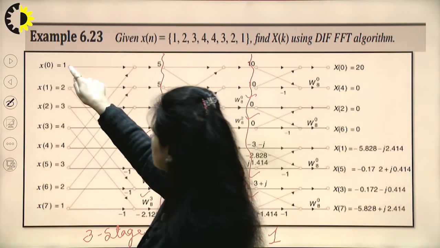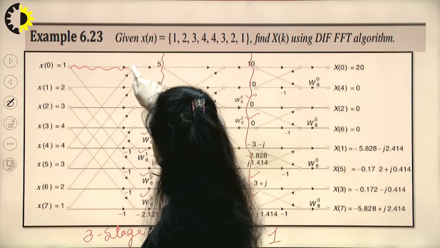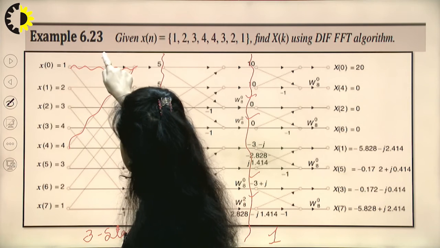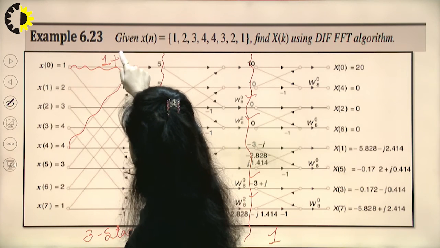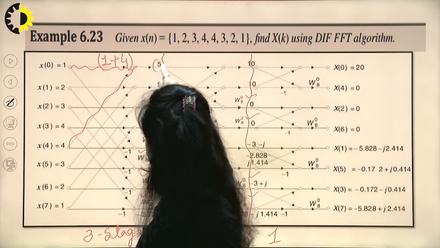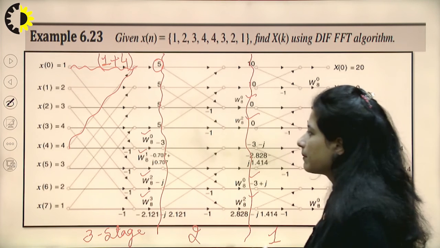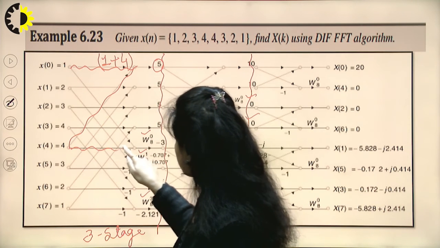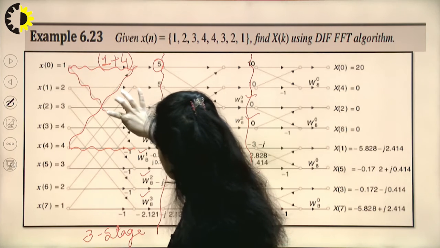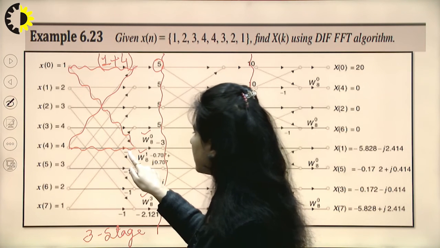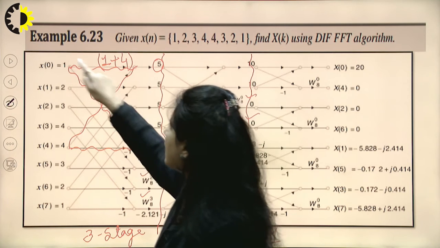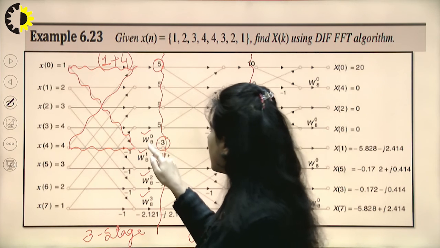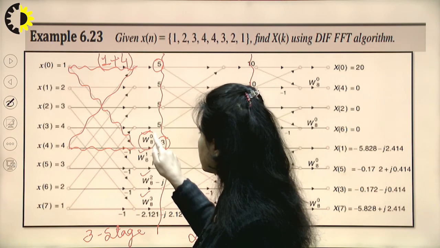So how is this graph working? In the first stage, this sample is being added to this sample. So here it is 1, here it is 4, and 1 plus 4 comes out to be 5. Here I do not have any weight, that means I am multiplying it with 1. Looking at this lower sample, this is multiplied with the weight -1, so 4 is multiplied with -1 and I get -4, and here I get 1. So -4 plus 1 is -3, and the corresponding weight assigned here is W_8^0.